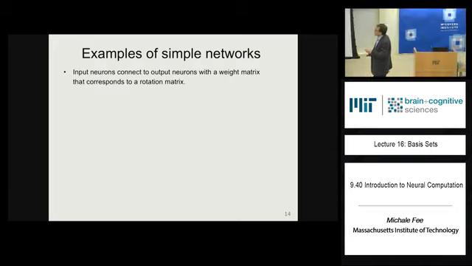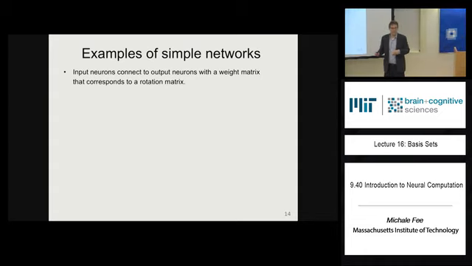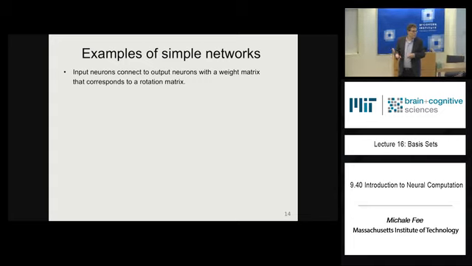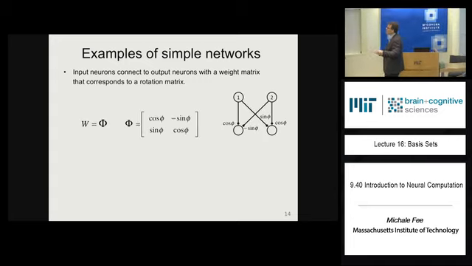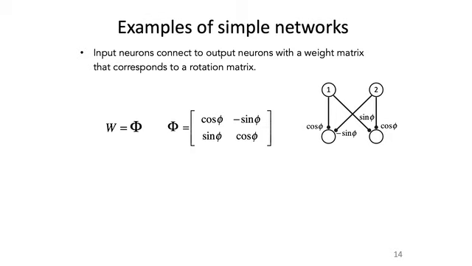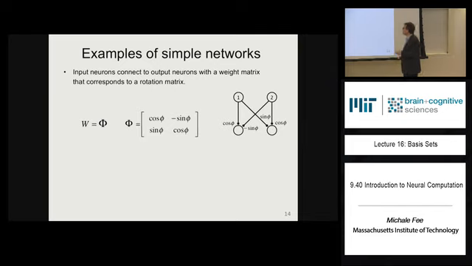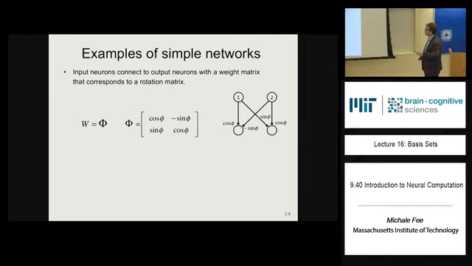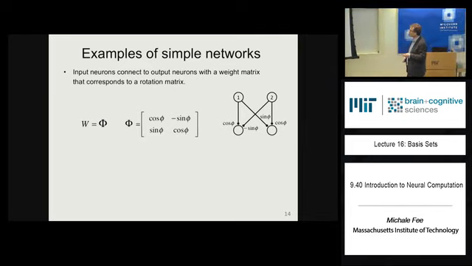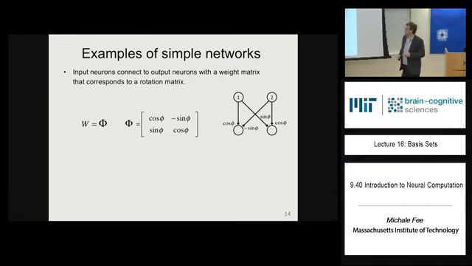Okay, let's take a look at a case where the weight matrix now corresponds to a rotation matrix. We're going to let the weight matrix look like this rotation matrix that we talked about on Tuesday, where the diagonal elements are cosine of some rotation angle, and the off-diagonal elements are plus and minus sine of the rotation angle.